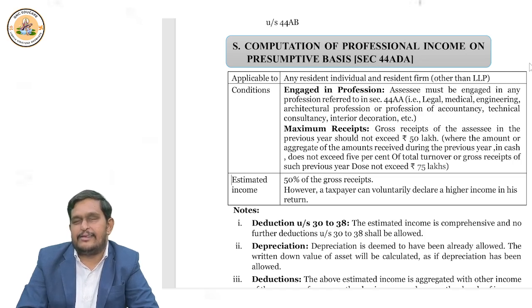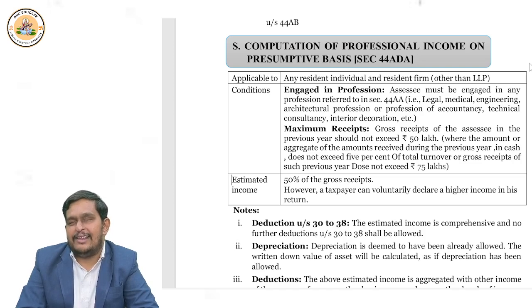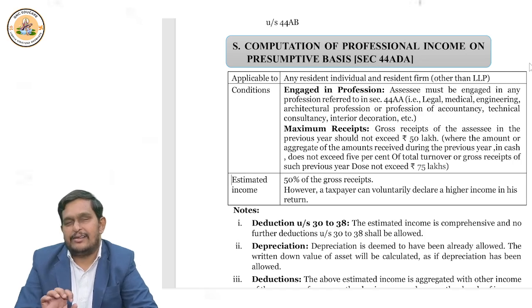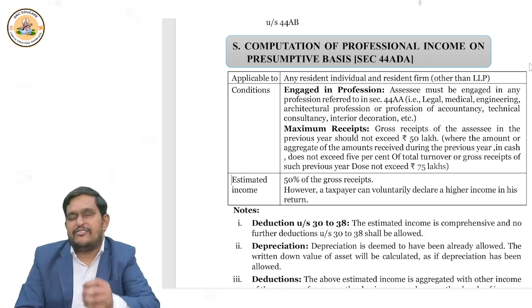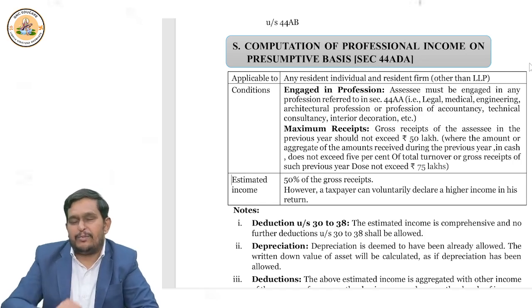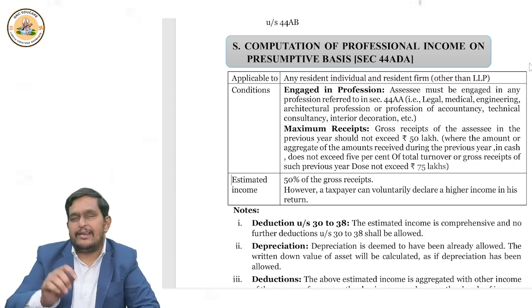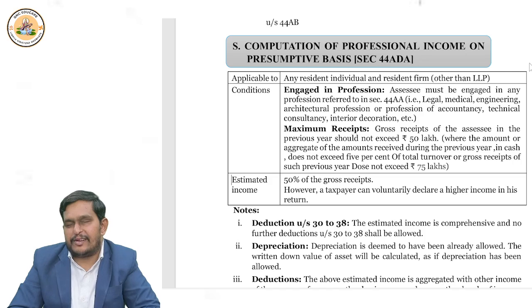Is section 44ADA applicable to Hindu undivided family? The answer is no. Why? Because 44ADA talks about specified professionals like film artists, engineering professionals, medical professionals, legal professionals, accountancy professionals, architectural professionals.